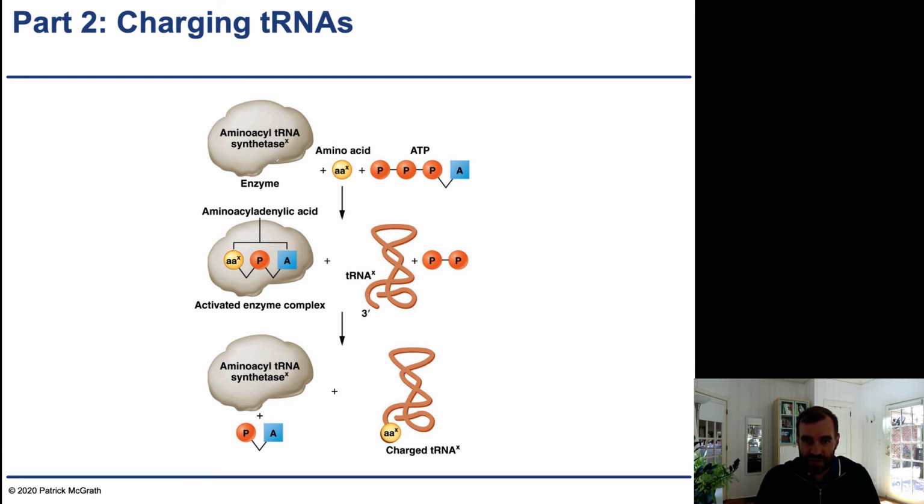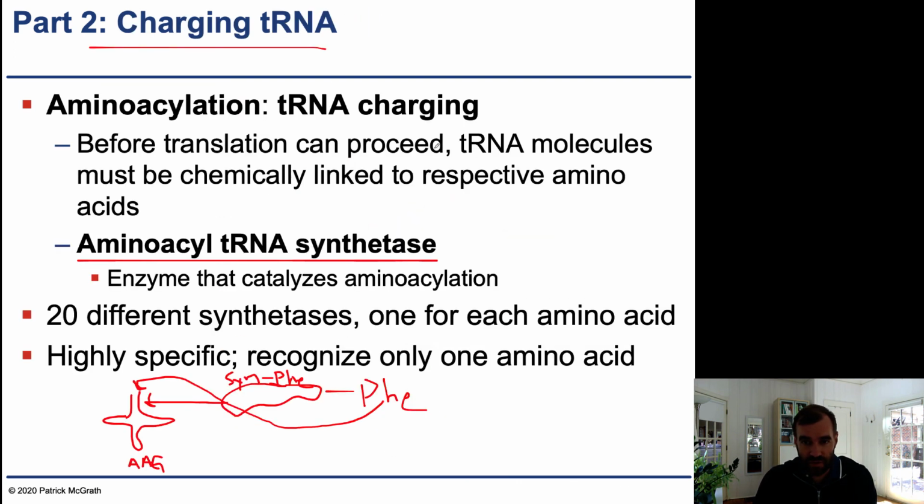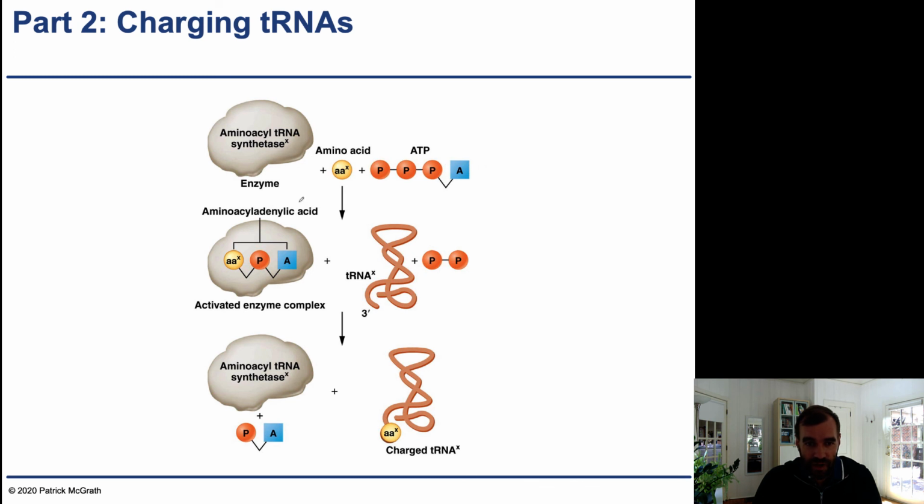So charging it: the activated enzyme complex takes the amino acid, and it also takes ATP, which is used for energy. Initially you have a reaction that activates the complex so that the amino acid is bound to it.